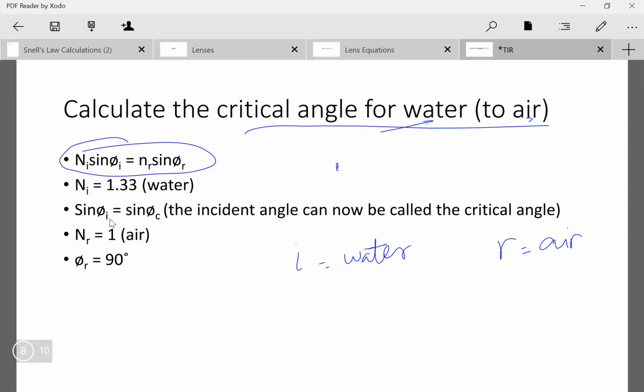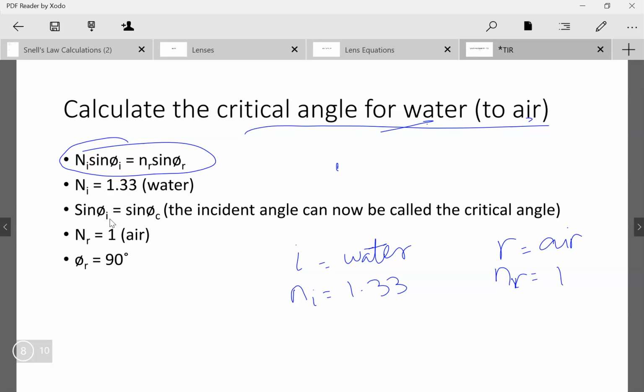Right, so now, again, this is basically how all the questions are going to look like. The refractive index of water is 1.33. The refractive index of air is 1. We know this.